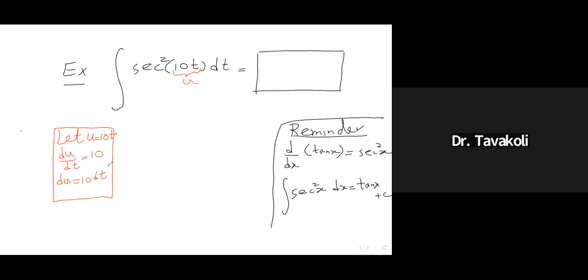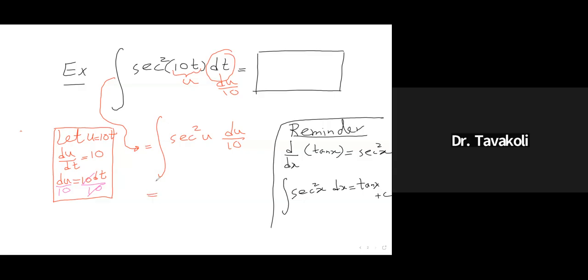And here, if I want to write dt in terms of du, in this equation, I need to divide both sides by 10. So that dt is du over 10. So let's continue with this integral of secant squared of u du over 10.